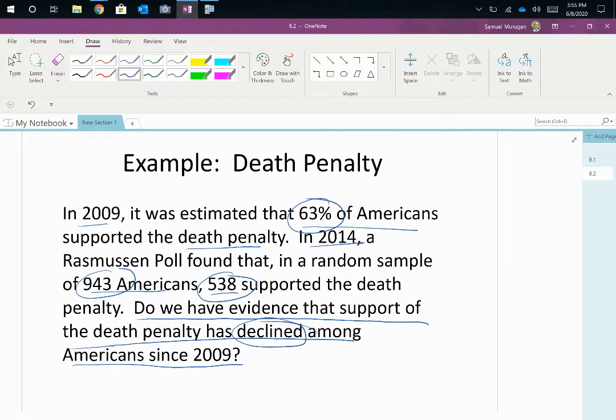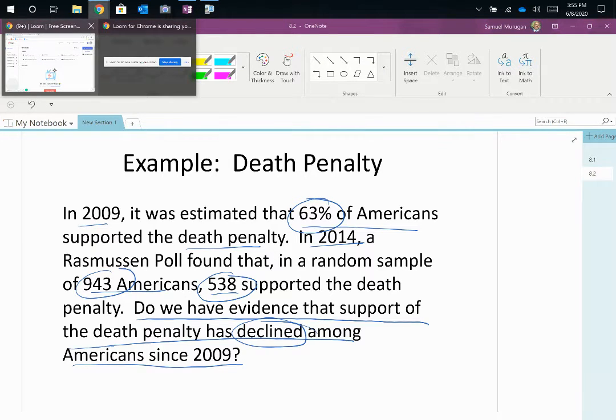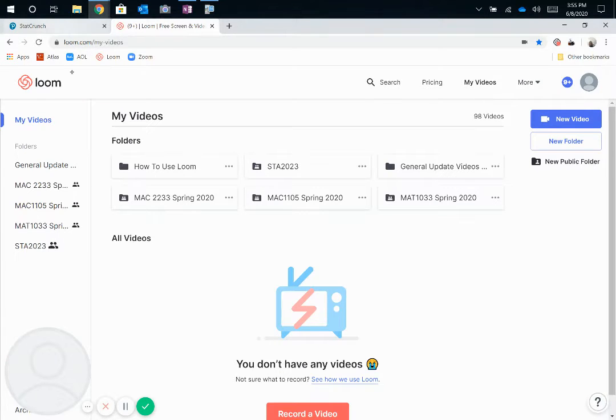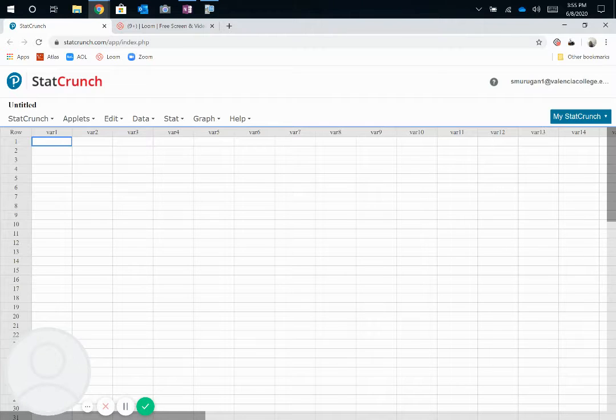So go ahead and access your StatCrunch. Remember that you can access StatCrunch by just Googling StatCrunch and using your MyMathLab, MyStatLab password and access StatCrunch directly. You do not have to go through MyLab. You can go directly to the site and use your Pearson login to check it out.